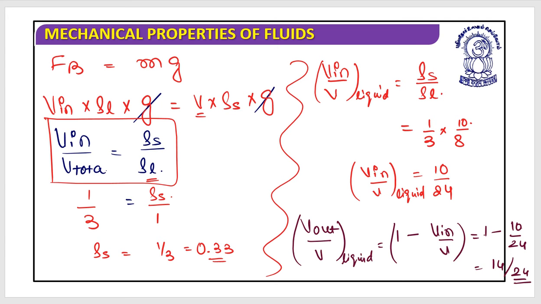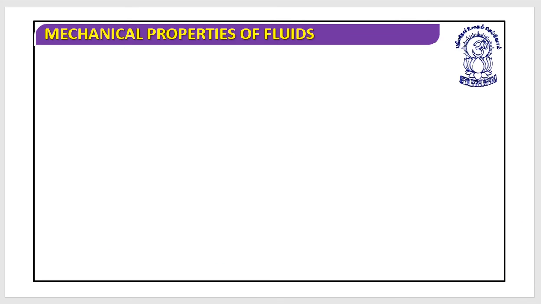I hope this is clear. So please do remember, V in by V total equals density of solid divided by density of liquid. Is it clear? Great. Now let's look at the next question, very interesting.